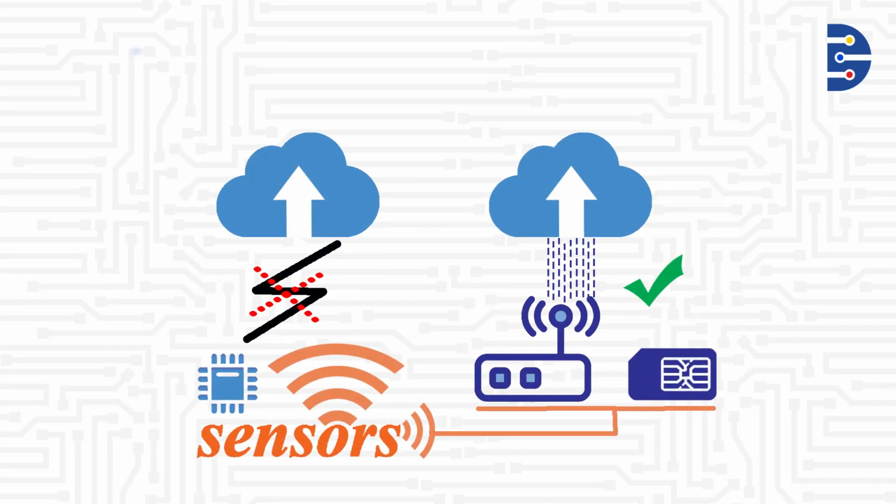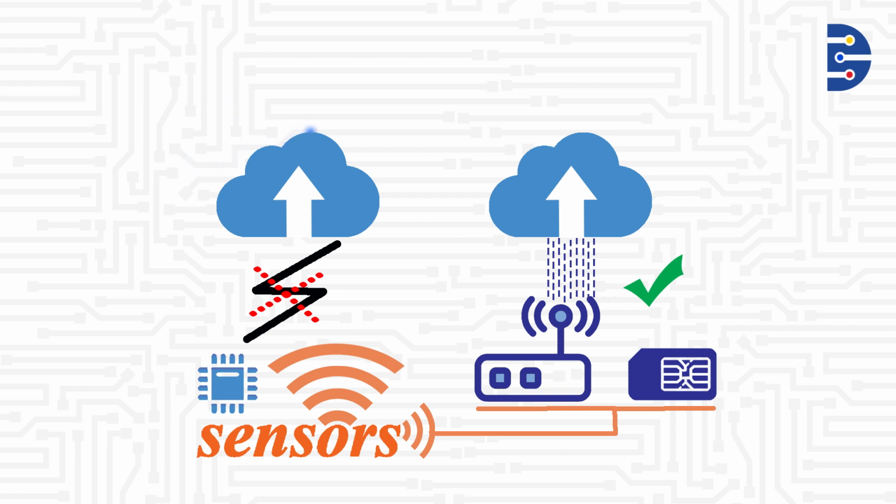The second role of a sensor is to communicate. As a sensor, the sensor will keep generating data. Now, what happens to this data? This data needs to be sent to the cloud. And how does that happen? The sensor does not have the capacity or the capability to talk directly with the cloud. So what do you do? You associate that sensor with a communication module.